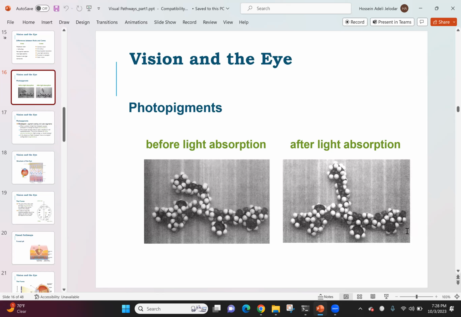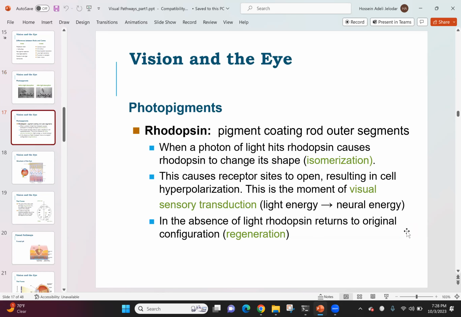But that is in the eye. When in the eye the light becomes neural activity, the neural activity now travels to the brain.